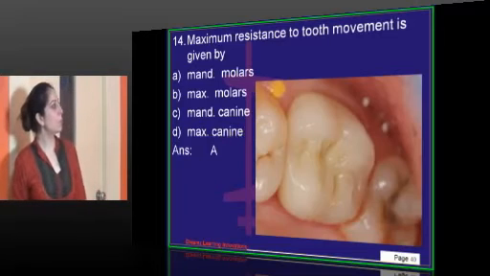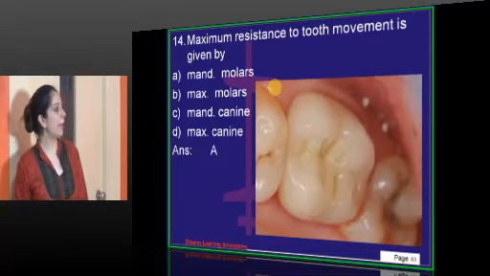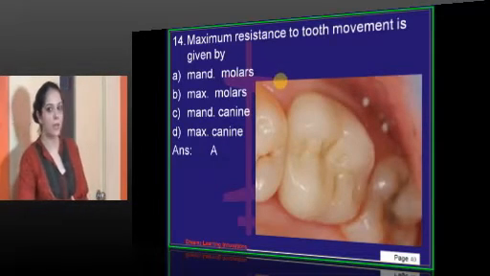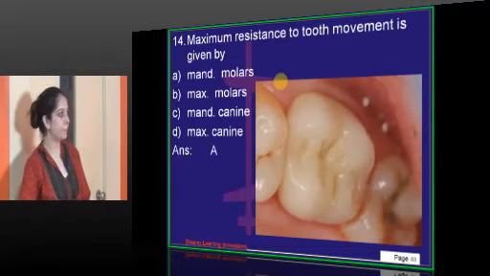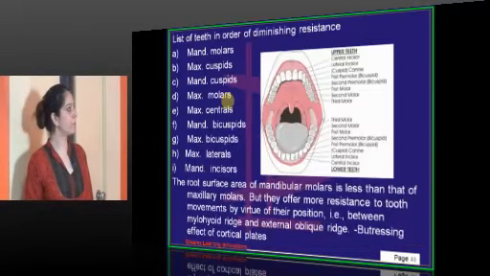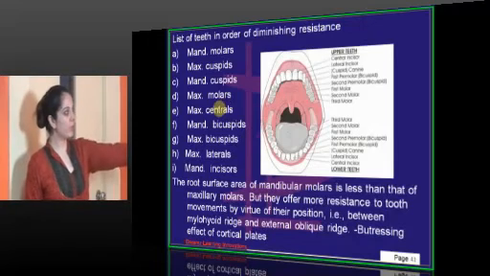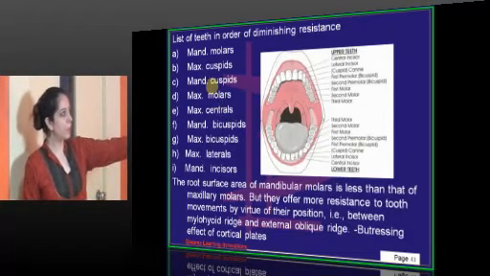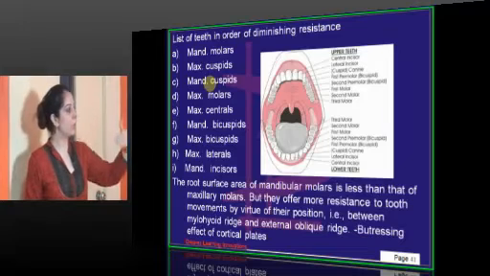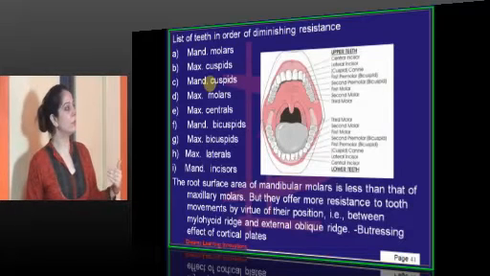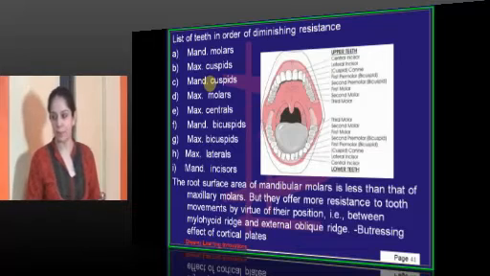Maximum resistance to tooth movement is given by mandibular molars, again because of the size of the tooth, the size of the roots, the shape and the surface area. So this shows the list of teeth in diminishing order of resistance, starting from the most resistant to the least resistant, in terms of anchorage that is given by them.